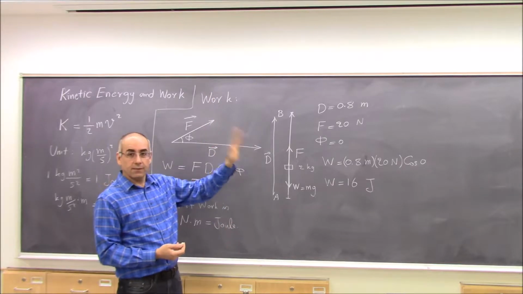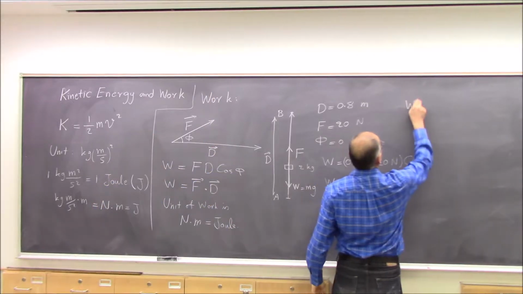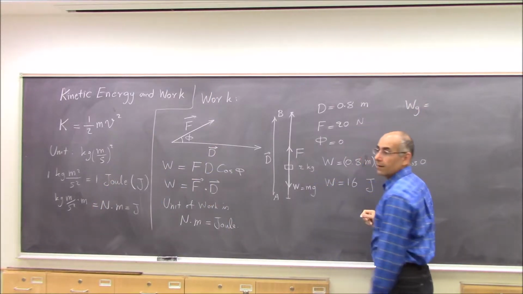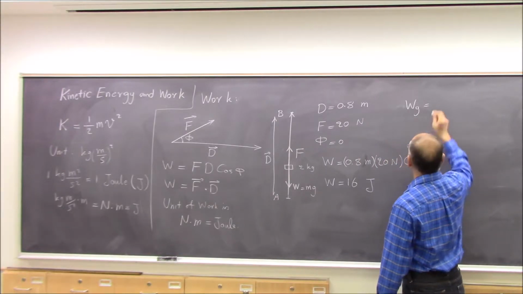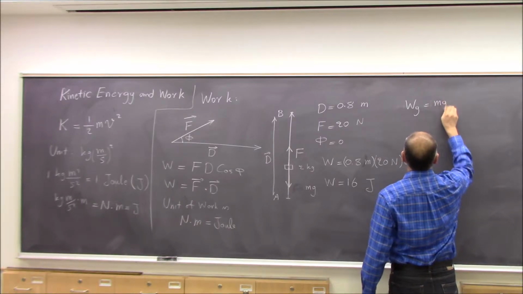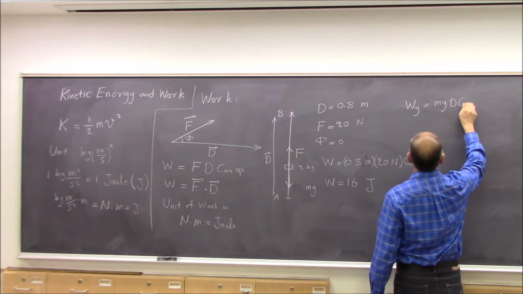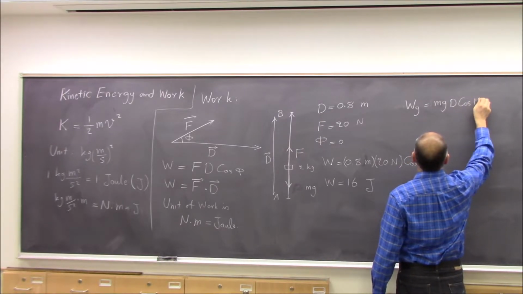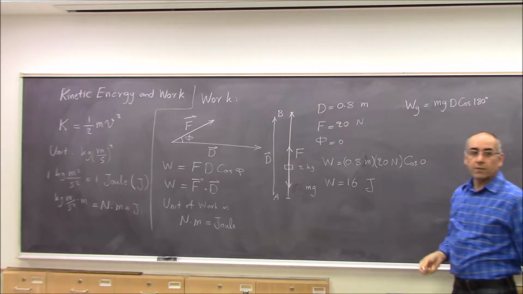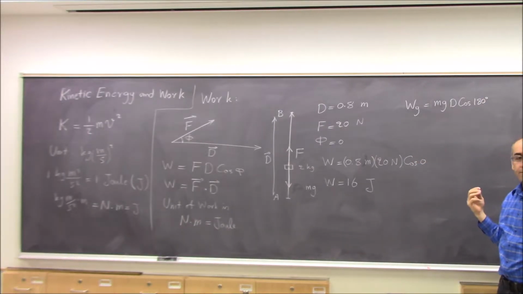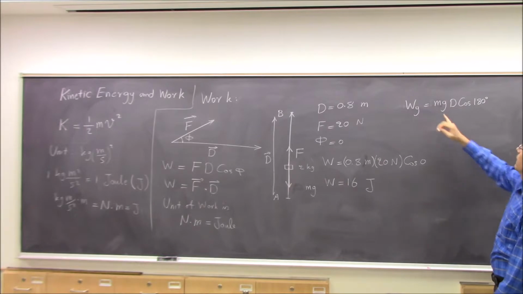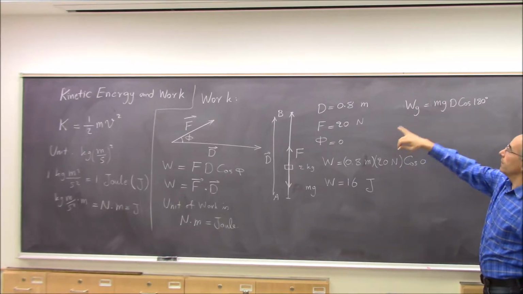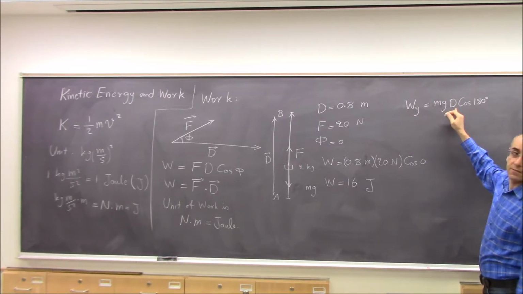So the work of gravity is the magnitude of the force mg times d times cosine of the angle between them, which is 180 degrees. What is cosine of 180? -1. And mg is also 20 Newton, d is the same.